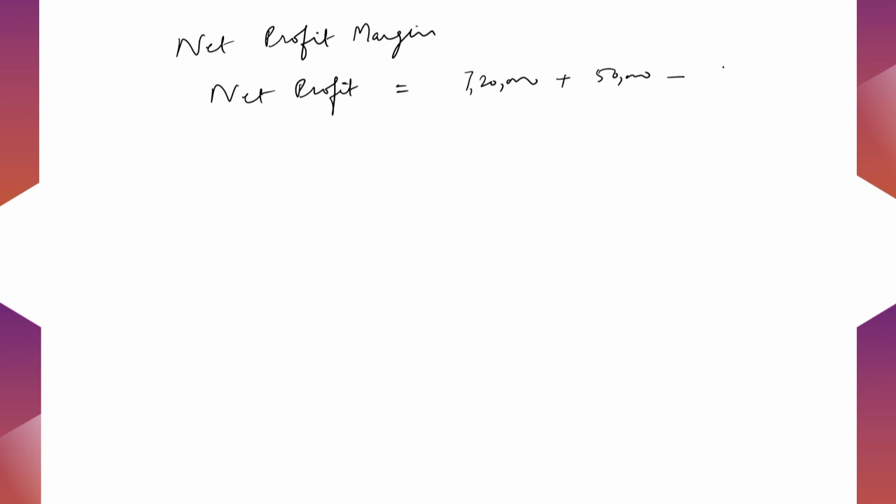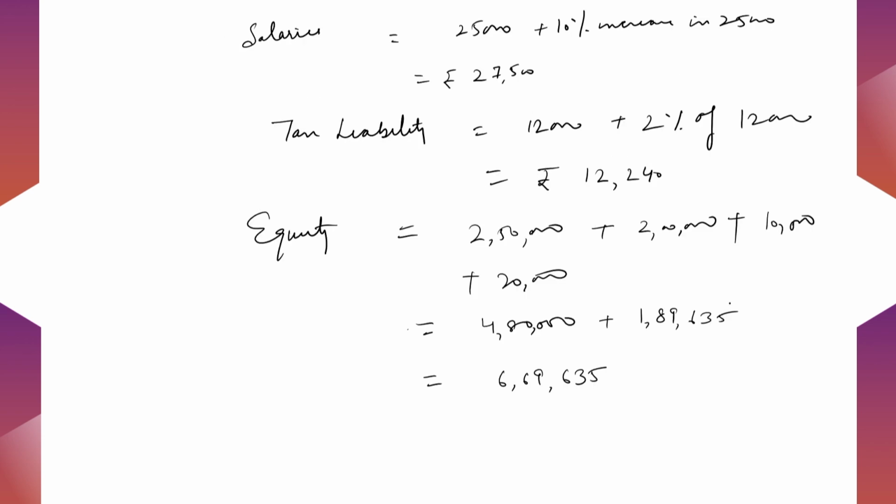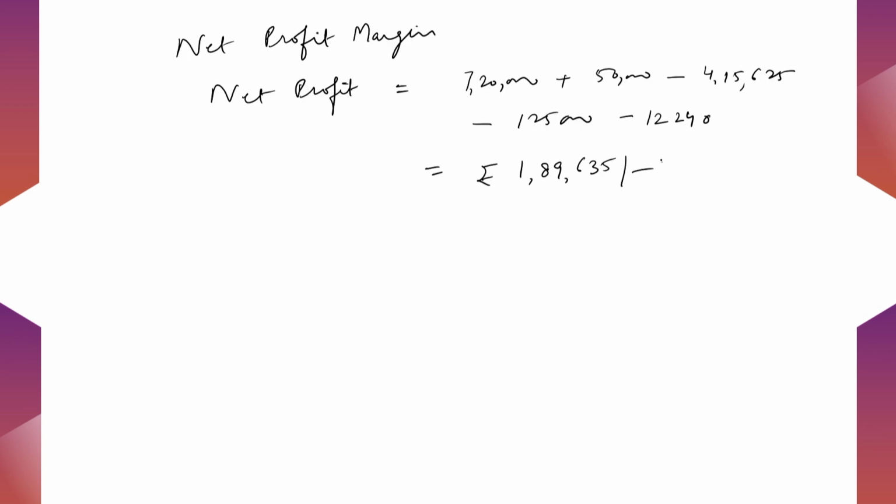Out of this I deducted the new cost of material consumed, 4,15,625, then the depreciation of rupees 1,25,000 and the new taxes paid, 12,240. So, we got this figure of 1,89,635 rupees. Do not get confused, this figure is computed here.